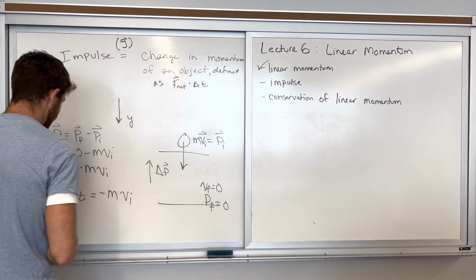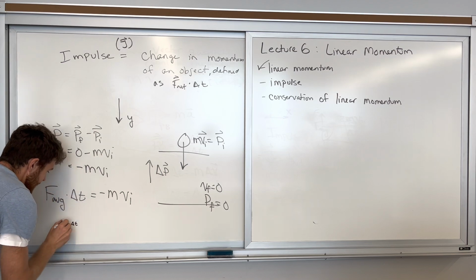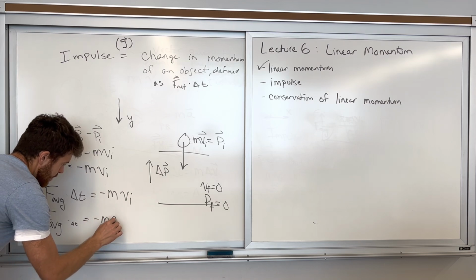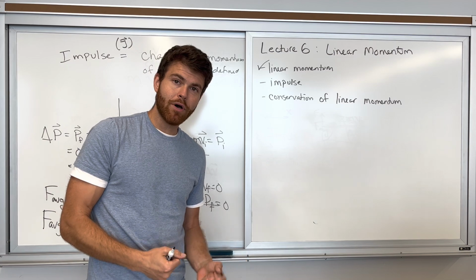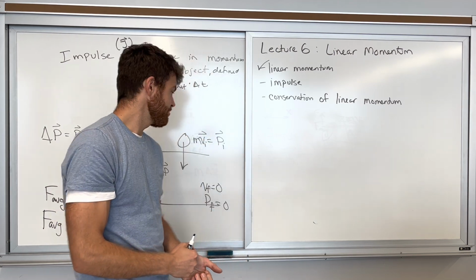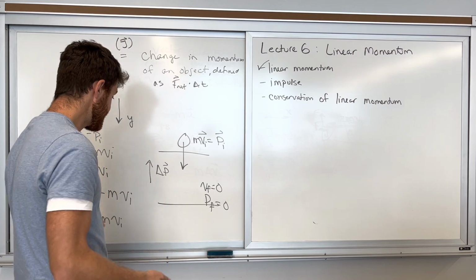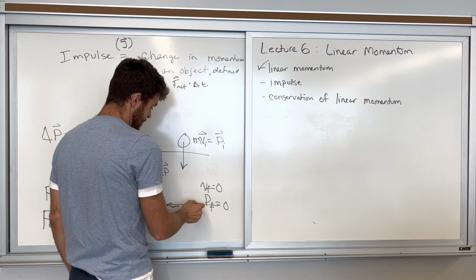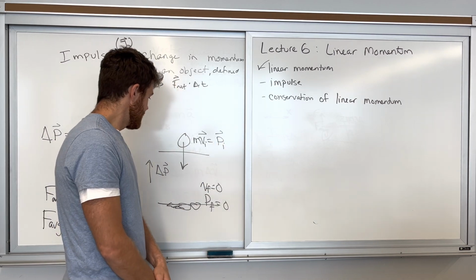As a result, there must be a large average force exerted on the egg in order to generate the necessary impulse to change its momentum. And what happens? That force breaks the egg. Humpty Dumpty is in pieces, and it's a mess.